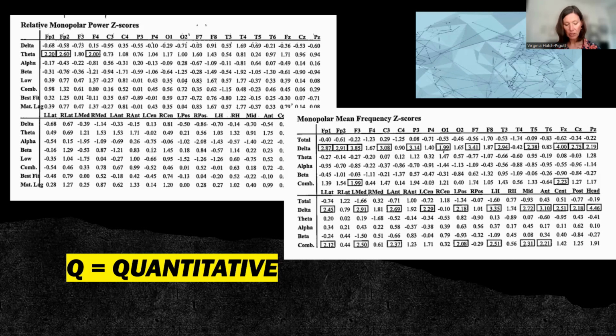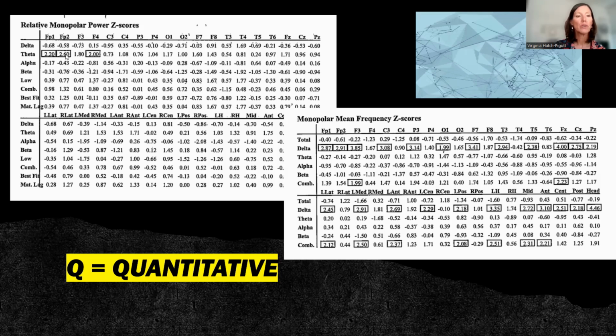It then compares those to age-matched controls and calculates the difference between the client or patient and the control in standard deviations. That is what you see here. This patient's power is put in table form. So you can see at FP1, this individual's theta waves are 2.2 standard deviations above the mean.